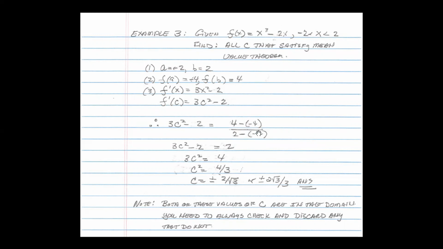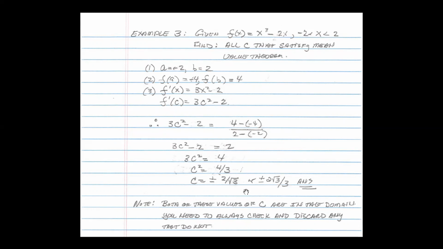This is 2 minus -2, which is 4. So 8 divided by 4 gives us a 2. And then we bring this over, and then we divide, and then we take the square root, and we get plus or minus 2 over the square root of 3, or plus or minus 2 square root of 3 over 3.